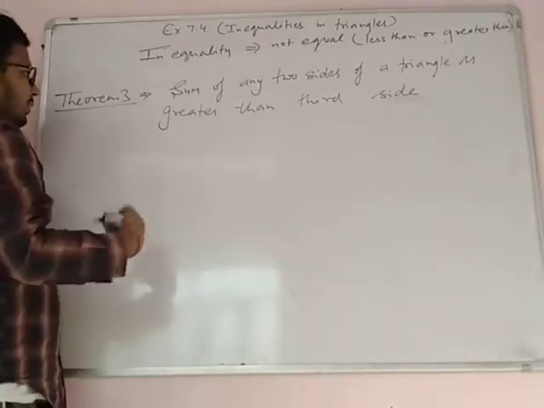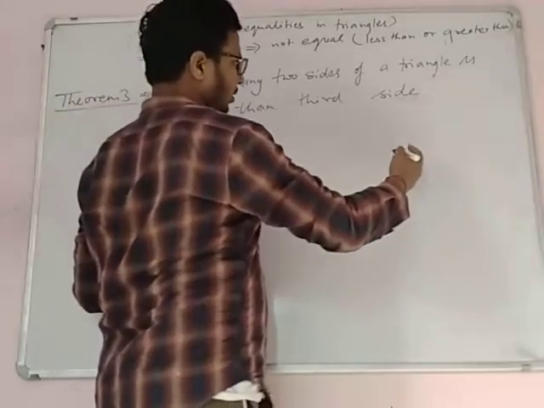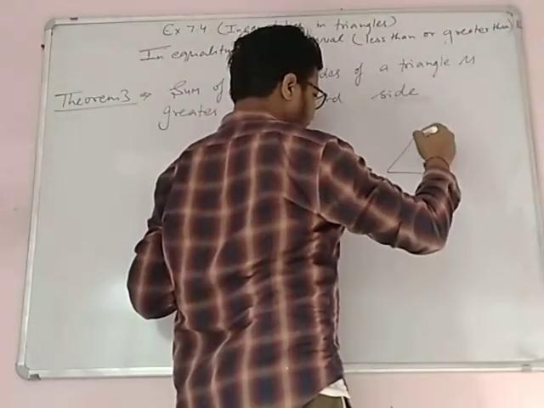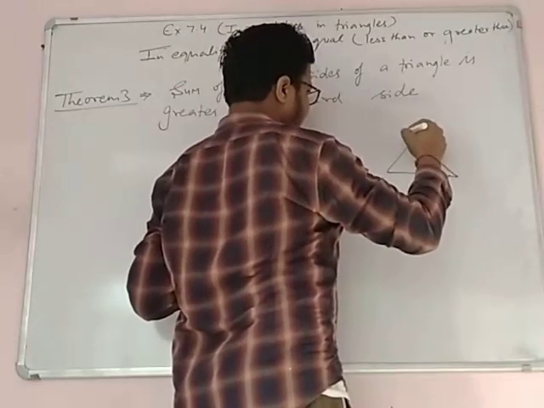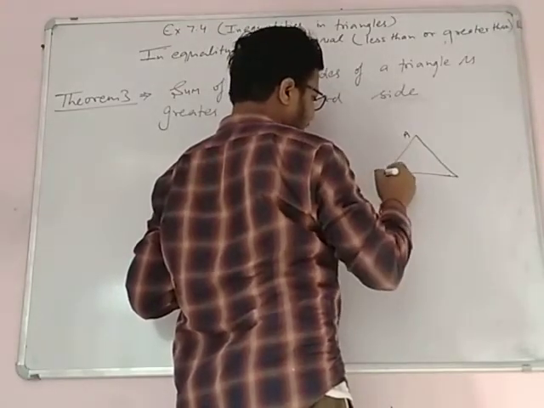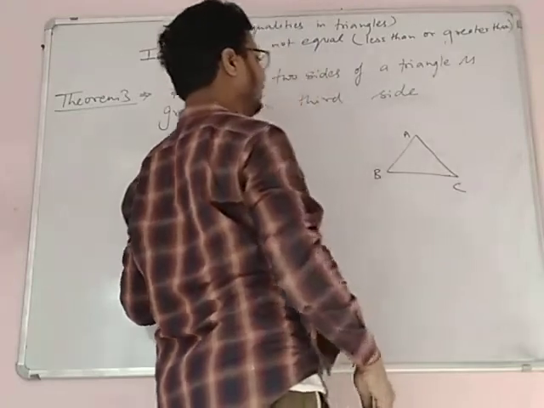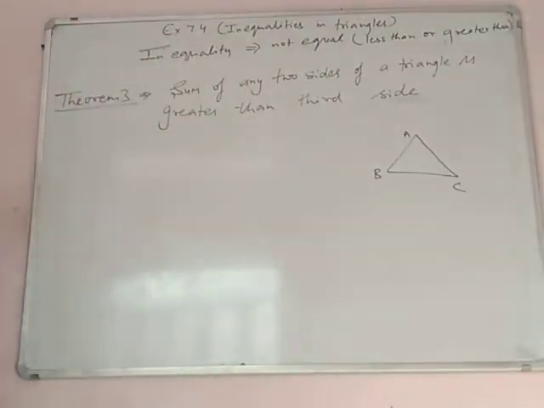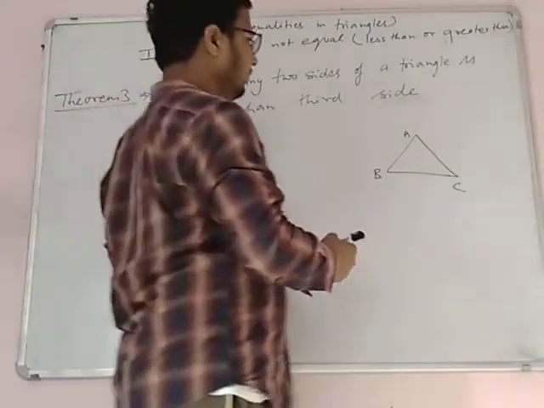Let ABC be a triangle. ABC is a triangle, we have taken. Clear? Now we have to prove that the sum of any two sides is greater than the third side. Let's prove it here.